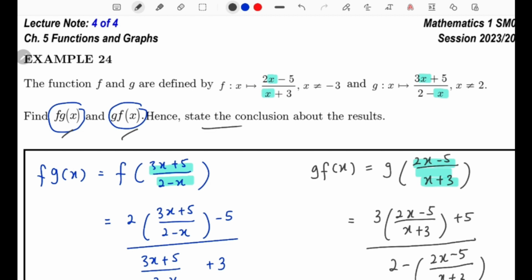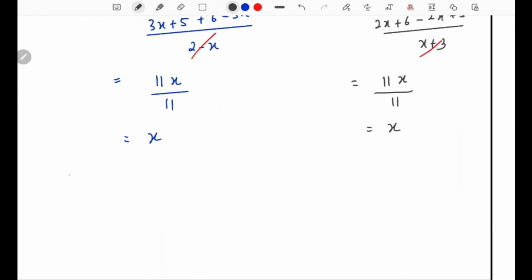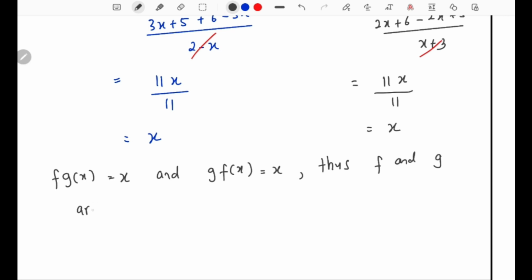Next, we need to state the conclusion about the results. Since we have fg(x) equal to x and gf(x) also equal to x, thus f and g are inverse of each other.